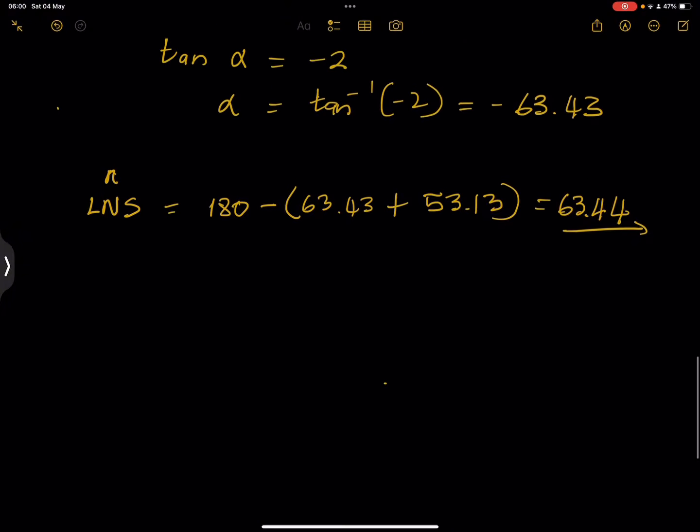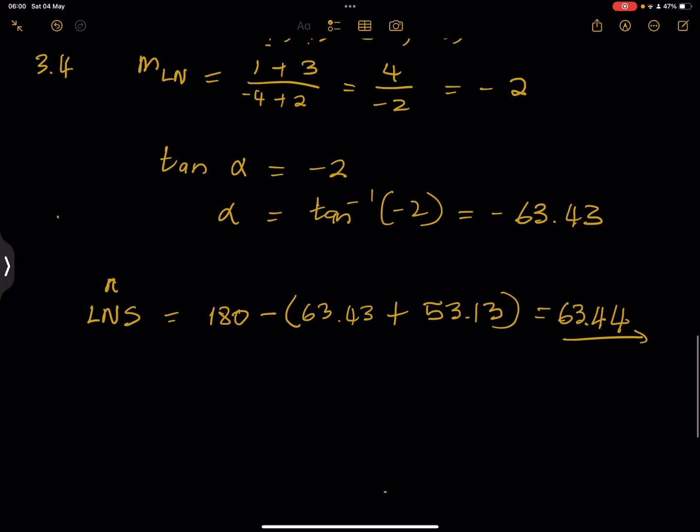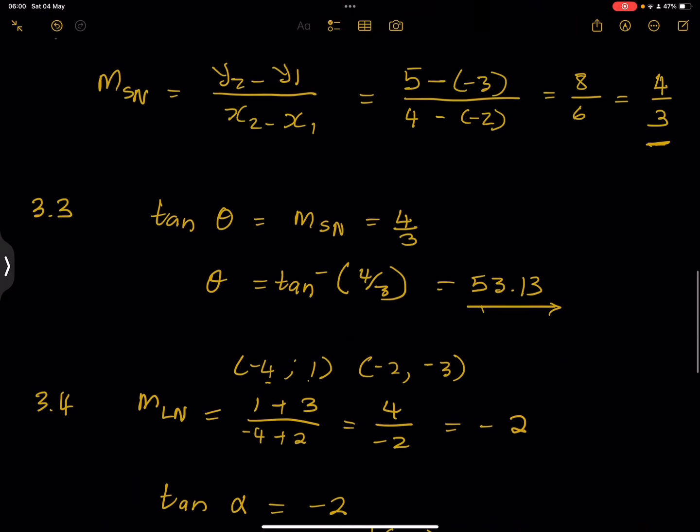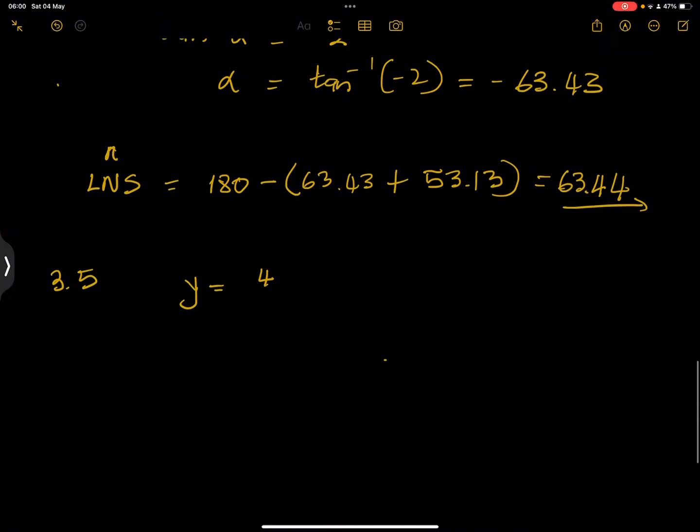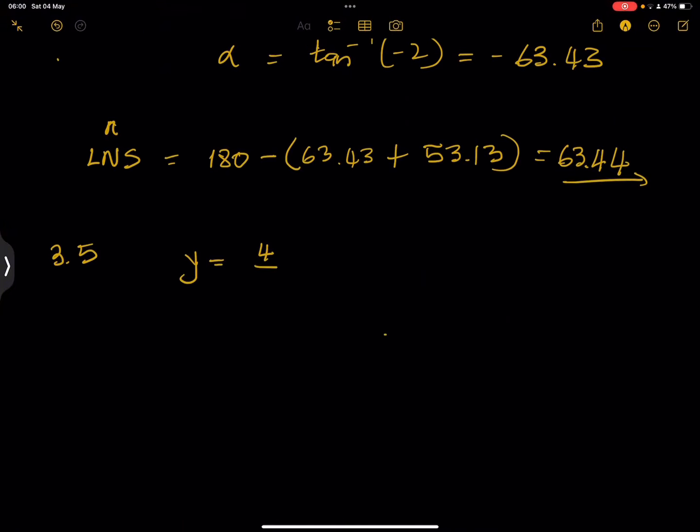So we know that line would be y equals, the gradient of that line would be equal to the gradient of SN. So this would be y = 4/3 x, because they are parallel, plus c. But how do I find the c value? So now they said it passes through L.